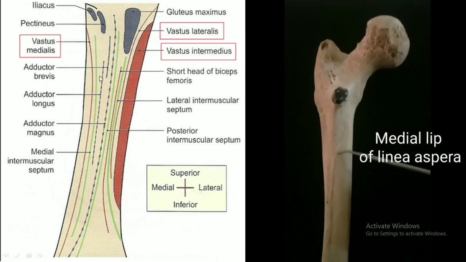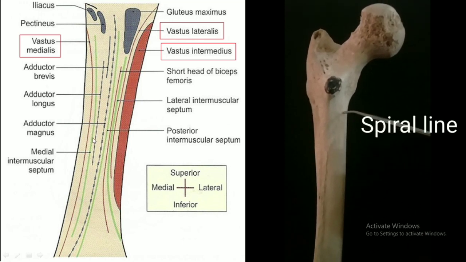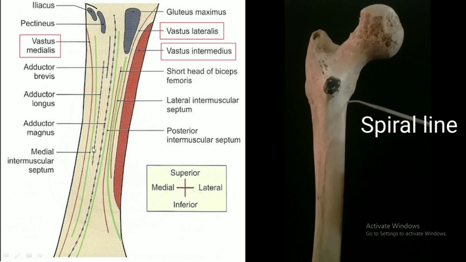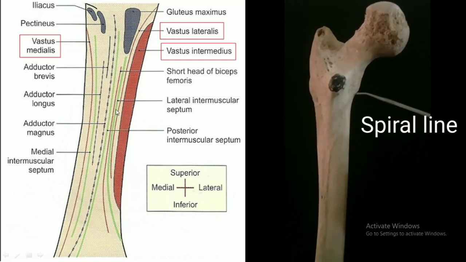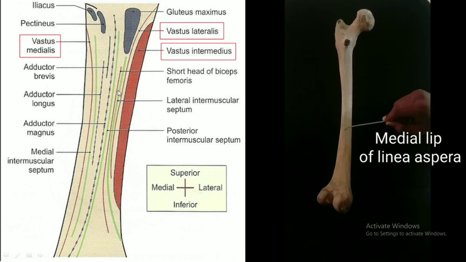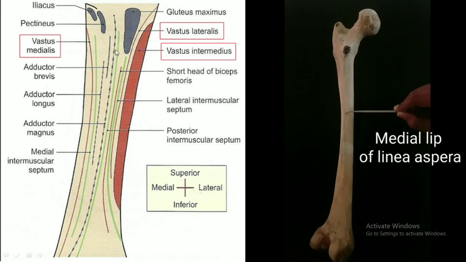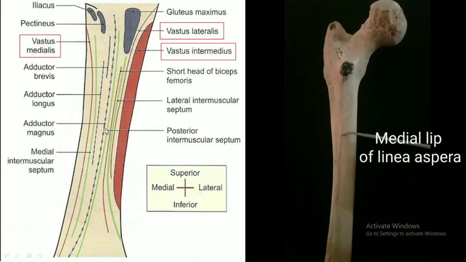Okay, in the other way you can remember, in the medial lip there is a medial intermuscular septum. In the lateral lip of linea aspera, lateral intermuscular septum. And in the middle, in between these two, the posterior intermuscular septum is attached.